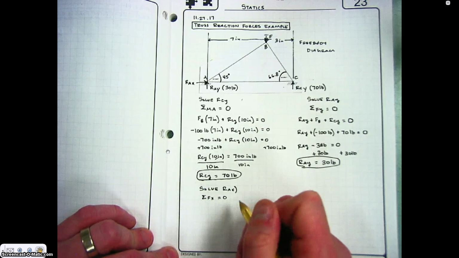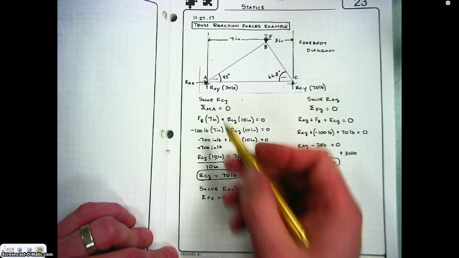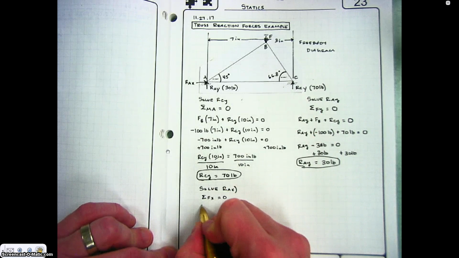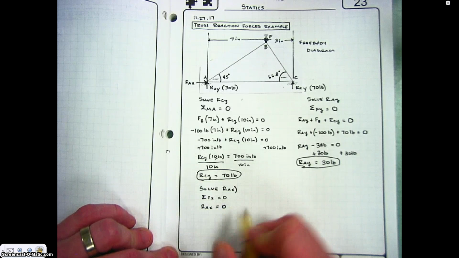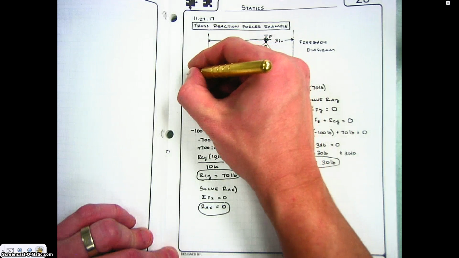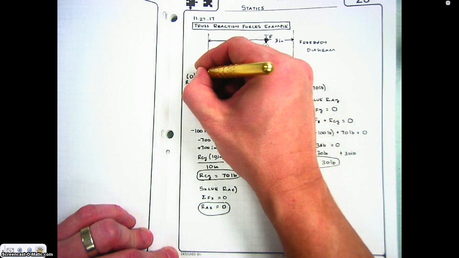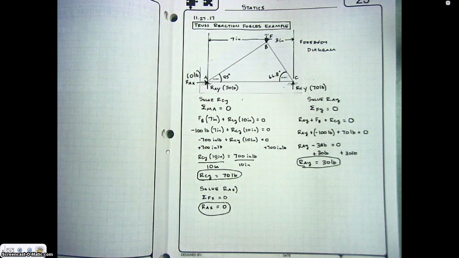Our forces in the x direction, we don't have any, so the reaction force at A in the x direction has to be equal to 0. And so the reaction force at A in the x direction is 0 pounds. All right? So that's how you solve for the reaction forces with a free body diagram.